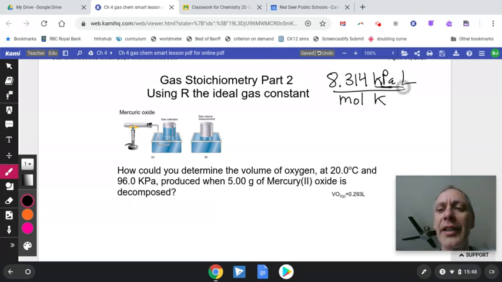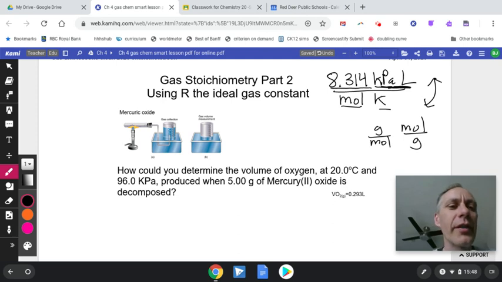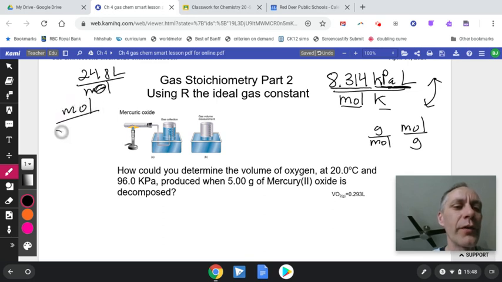The kilopascal liters is on top with the numerical value of 8.314, and the moles Kelvin is on the bottom, and this is a ratio, so we can flip it, just like we can take molar mass and write it as grams per mole or moles per gram, and we can take molar volume, 24.8 liters per mole, and we can flip it and write it as moles over 24.8 liters.